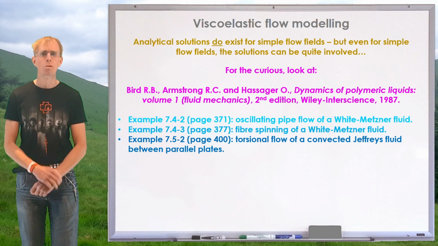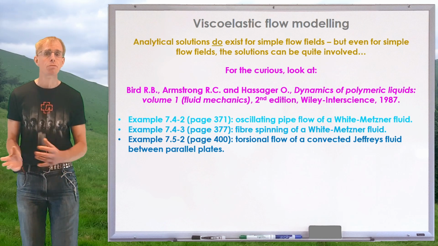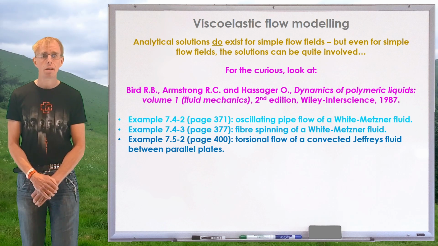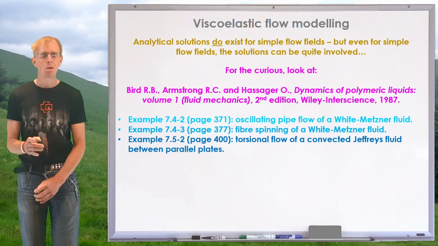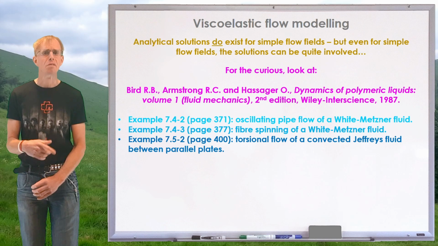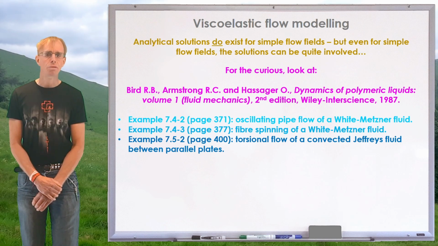So example 7.4-2 on page 371 is the oscillating pipe flow of a White-Metzner fluid. Example 7.4-3 on page 377, which directly follows the previous one, so you get a feel for how long these solutions are, is fibre spinning for a White-Metzner fluid.